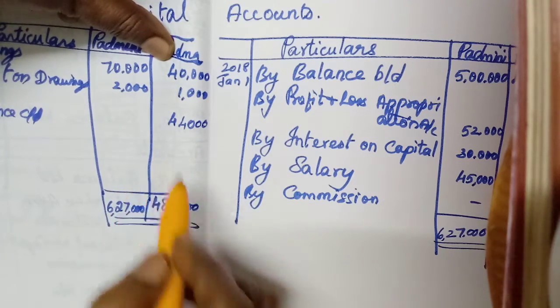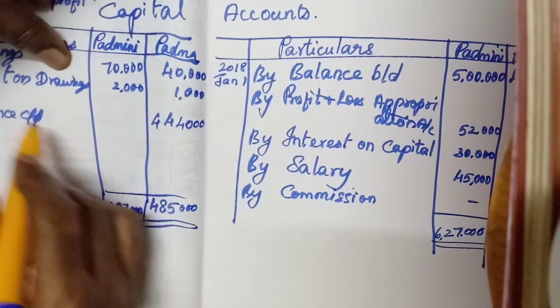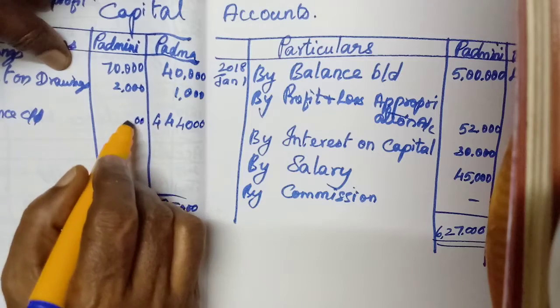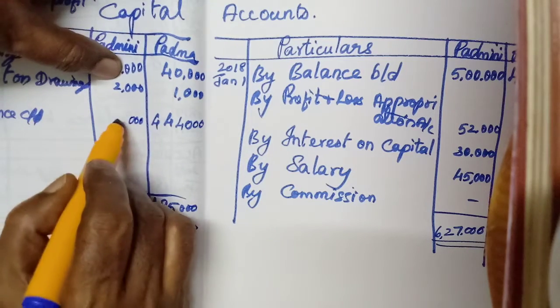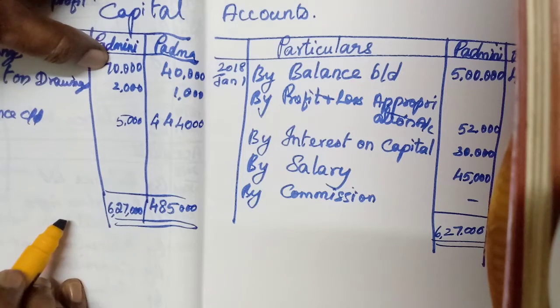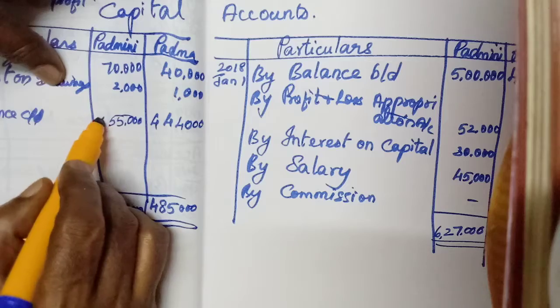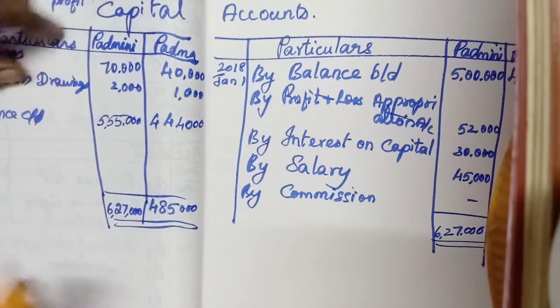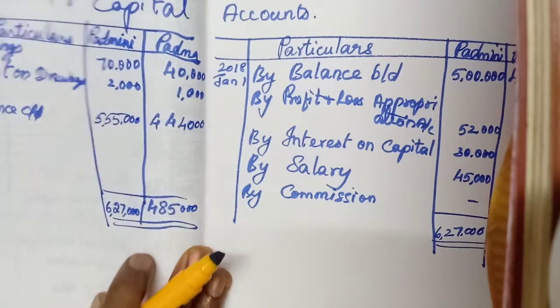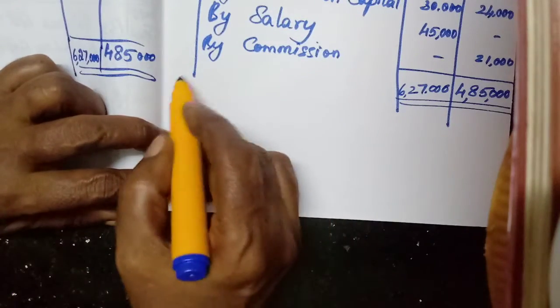Okay, then here 4 lakh 44,000, then here 0 0 0, then here 2, so 5 7, then here 7 plus 5 12, balance 1 5 lakh 55,000. Okay, the same amount will be written as opening balance.